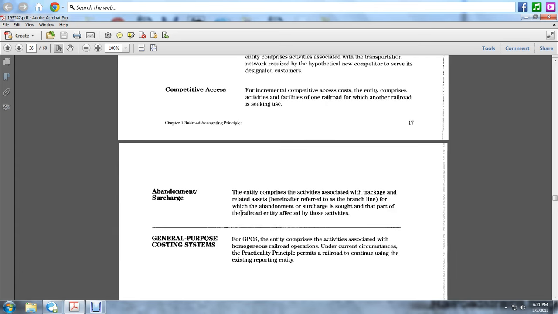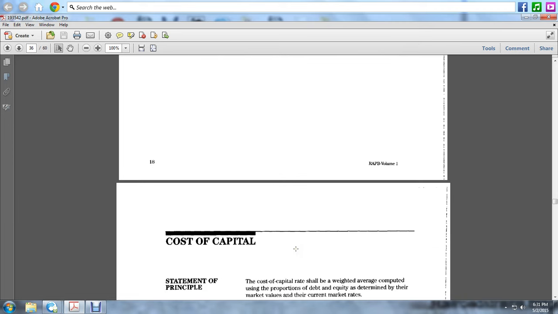The abandonment: the entity comprises the activity associated with the trackage-related assets, herein referred to as a branch line, for which the abandonment or surcharge is sought, as part of the railroad entity. The general purpose of the costing system: the entity comprises the activities associated with the homogeneous railroad operations. Under current circumstances, practicality principles permit a railroad to continue using existing reporting entities.